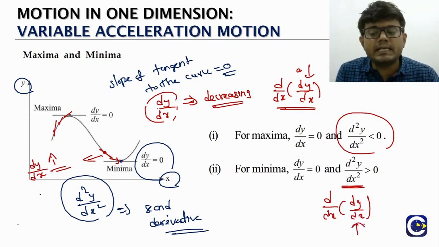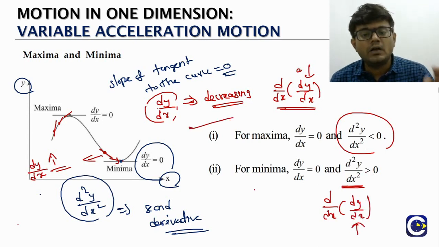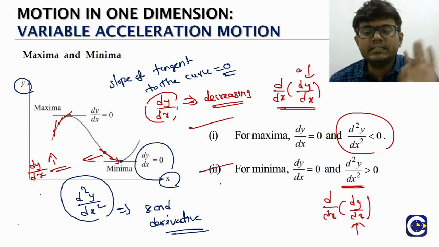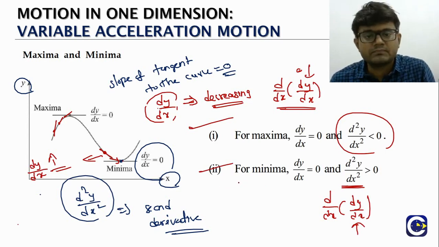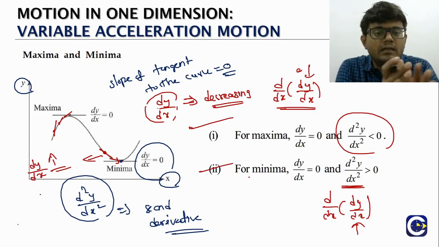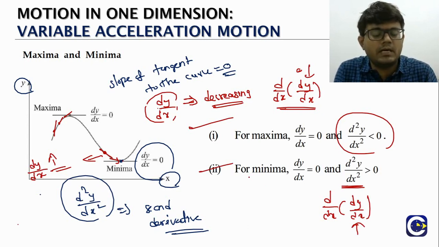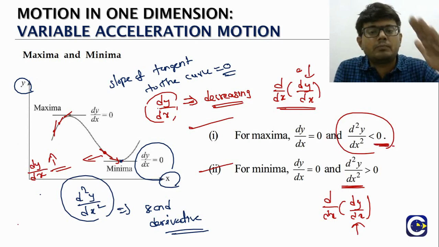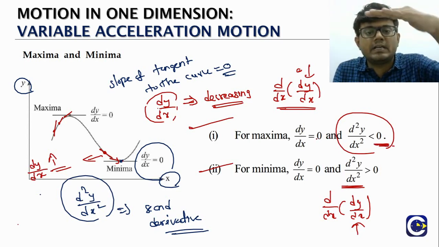The slope is increasing, right? So the derivative of that will be positive. So when we want to identify the maxima or the minima location, first condition is the same for both of them: the dy by dx value will be 0. But how do we differentiate between the maxima and minima? For maxima, the second derivative is negative, meaning while approaching the maxima, slope of the tangent will keep decreasing.